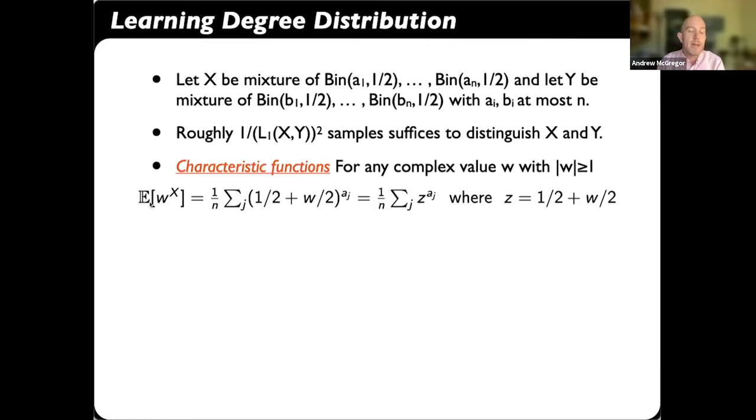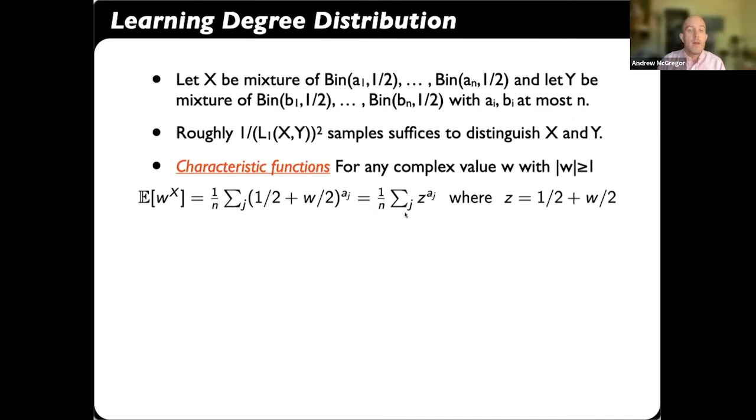And we'll look at the expectation of W to the X. We can actually rewrite the expectation of W to the X in the following nice form, which ends up being 1 over n times a polynomial in Z, where Z is related to W in a fairly straightforward way. And the degrees in this polynomial relate to the parameters of the mixture distribution for X.